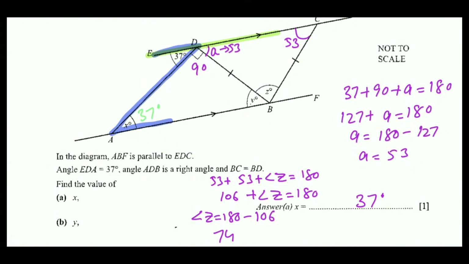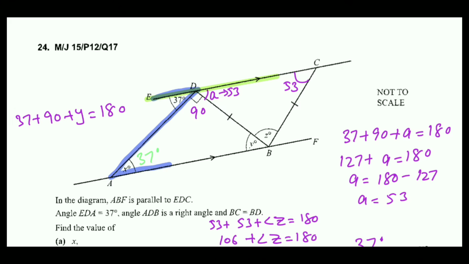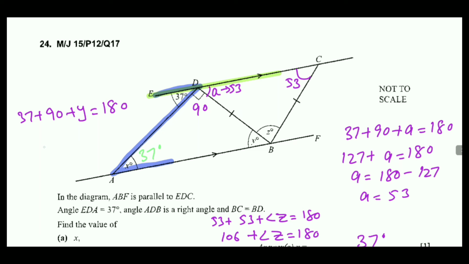So what about Y? We can easily find angle Y by angle sum of a triangle property. So 37 plus 90 plus Y is equal to 180. We can also find it directly, by alternate angles.